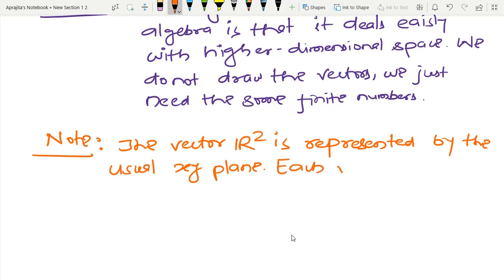Each vector v in R2 has two components, and those are x and y, or x1 and x2.